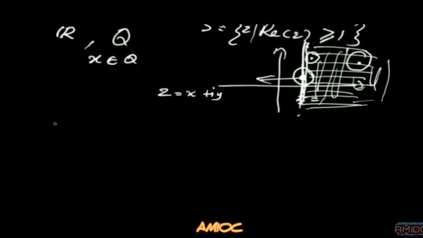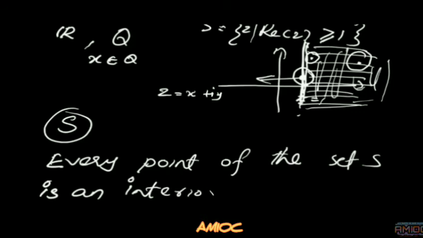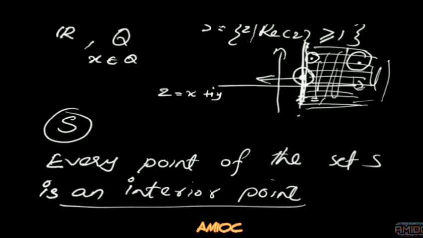That means if the considered set S satisfies the property that every point of the set S is an interior point, then we say that the set S is an open set.